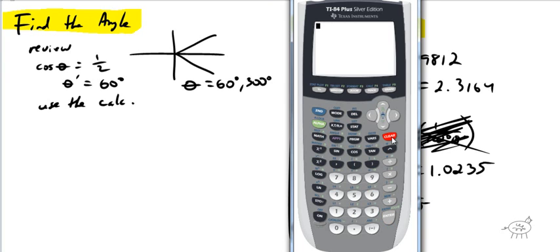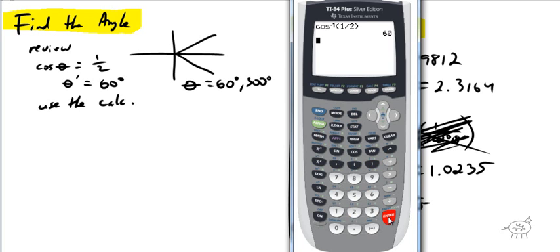And basically, the calculator is good at finding the reference angle. Okay, so what we're going to do is say inverse cosine. So we're going to hit second cosine. That's your inverse cosine. All right, and we're going to do a 1/2. So just what I did manually. Watch, inverse cosine of 1/2. Hit enter. There you go.